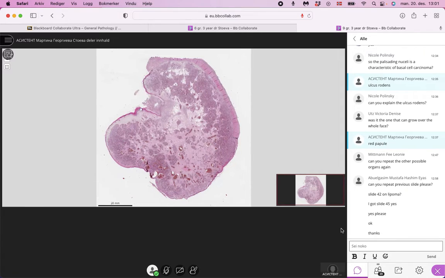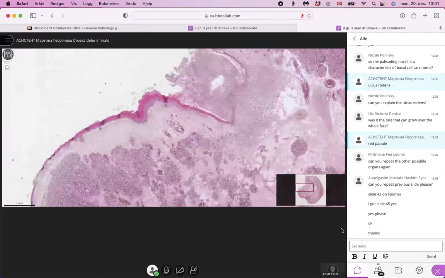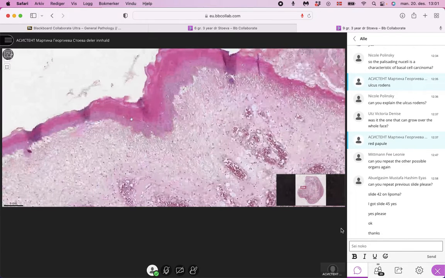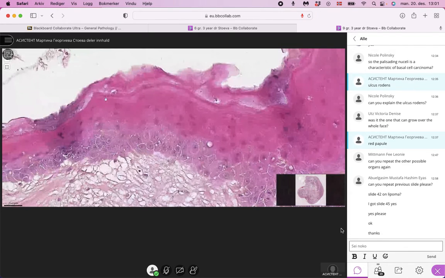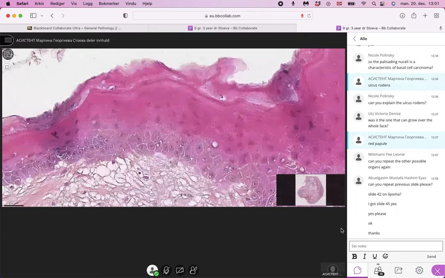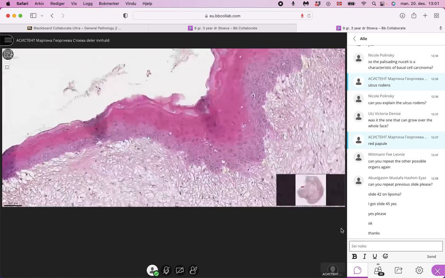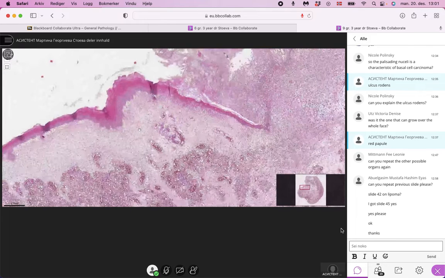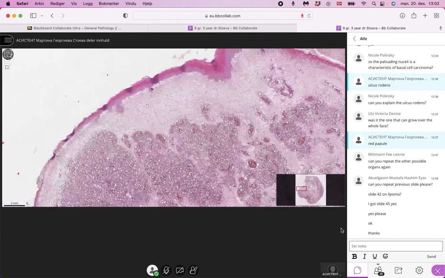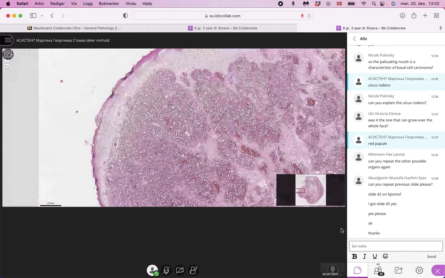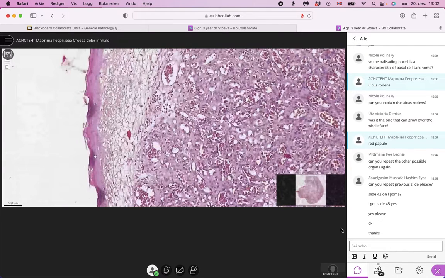Here again, we have something that helps recognize the organ, and it is an epithelial lining. Peripherally, when we zoom in, we can see keratinizing stratified squamous epithelium. Actually, it doesn't matter where you zoom in.